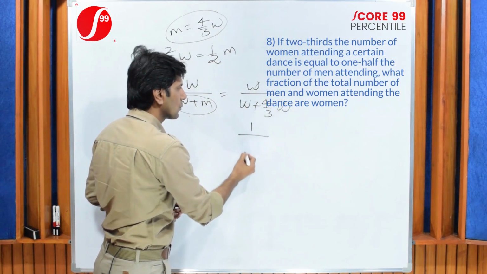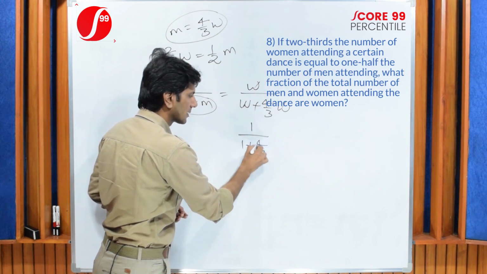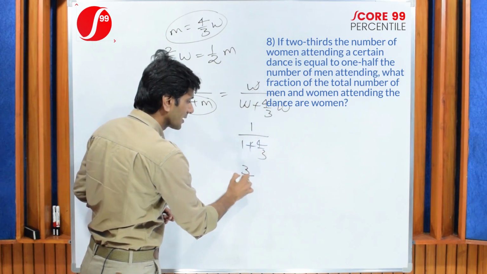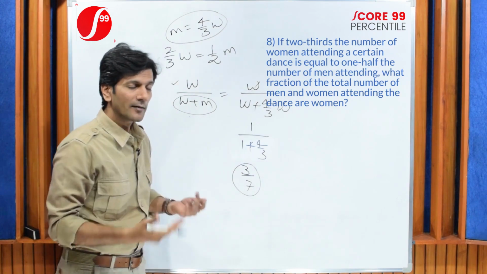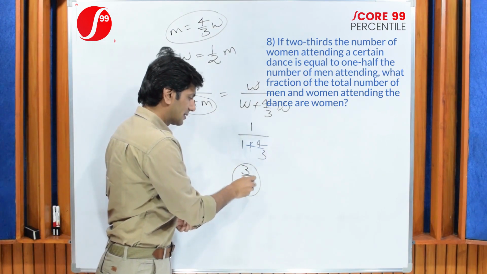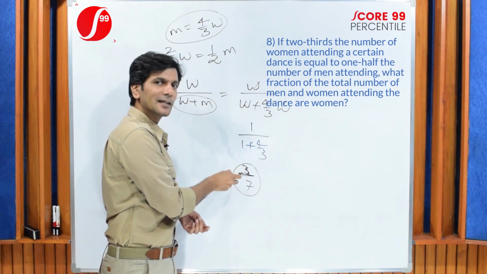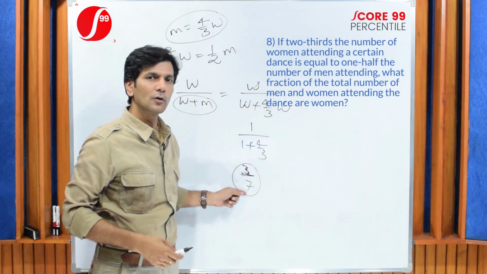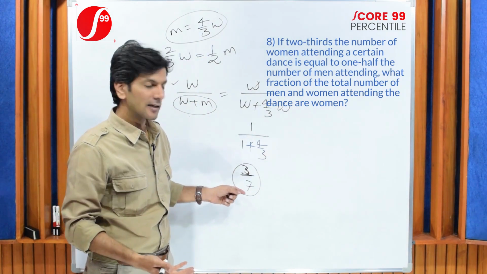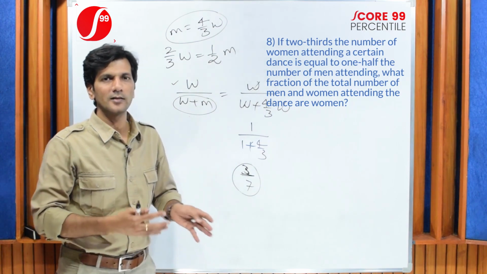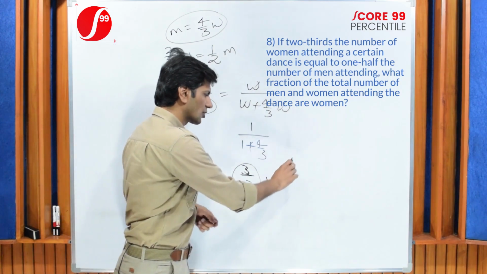So what you get is 1 over 1 plus 4 upon 3. So this is nothing but 3 upon 7. So effectively what we are saying is the number of women attending the dance to the total number of men and women attending the dance is in a 3:7 ratio, or this is a 3/7 fraction. So this should be your answer.